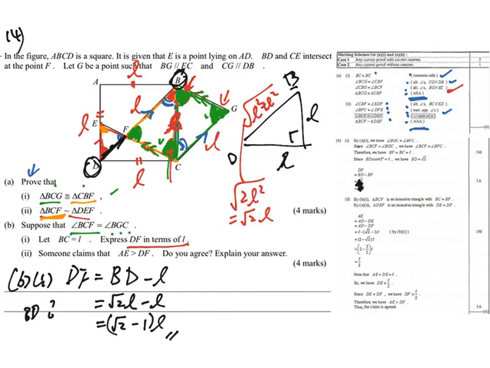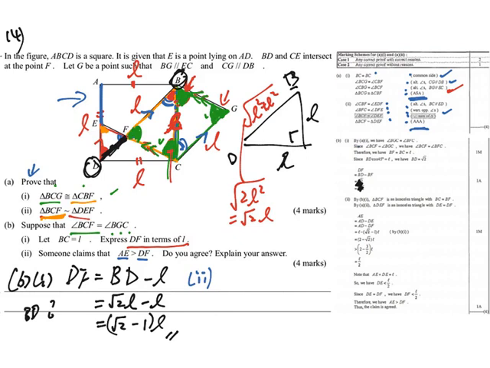Lastly, someone claims that AE is greater than DF. So AE here is greater than DF. So that means if we find AE, then we can know.